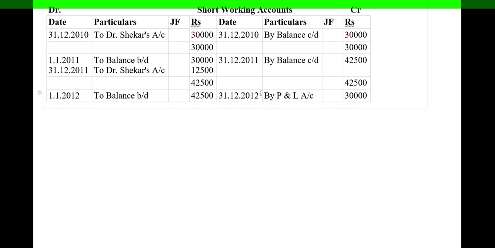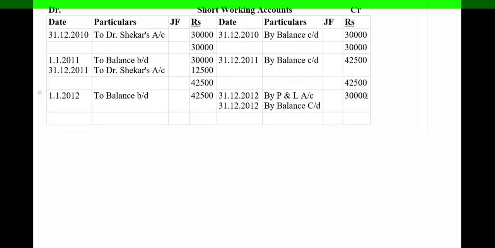Then on the same day we need to balance here. So on 31st 12 2012, there is a balance remaining. So by balance carried down, it comes to 12,500. So now let's take the total 42,500 here.